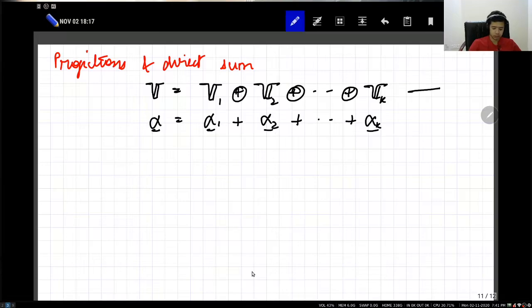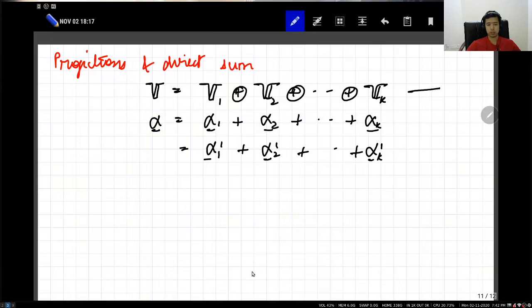So in other words, if you can write alpha as alpha 1 prime plus alpha 2 prime, so on, plus alpha k prime, then it must necessarily imply that alpha 1 equals alpha 1 prime, alpha 2 equals alpha 2 prime, so on, alpha k equals alpha k prime. Now I want you to pause the video and try to prove this yourself, why this cannot be the case.